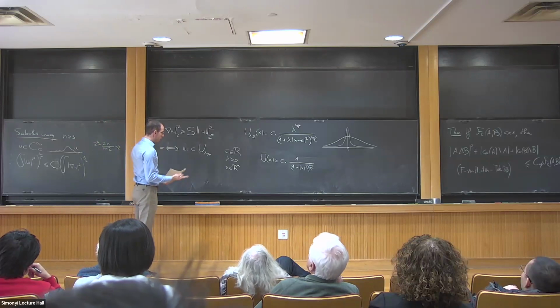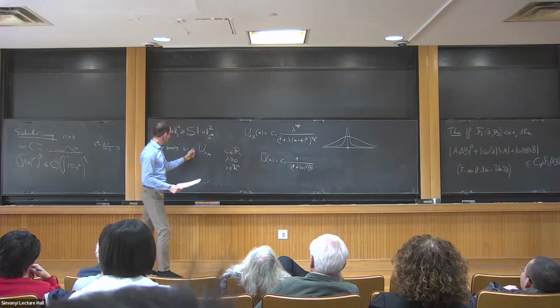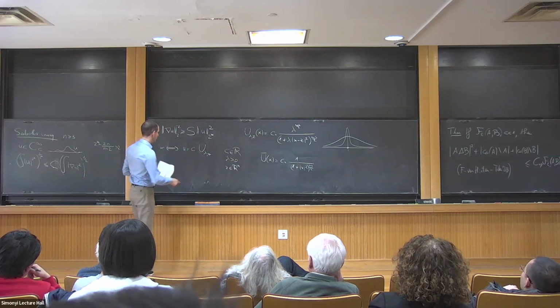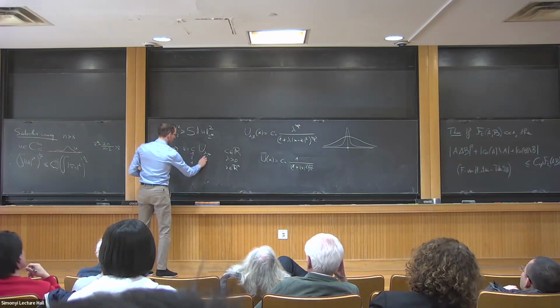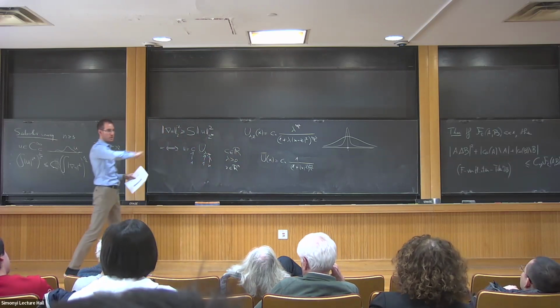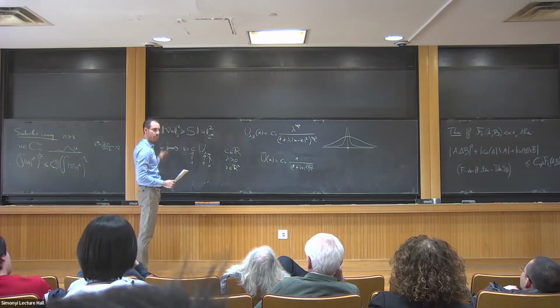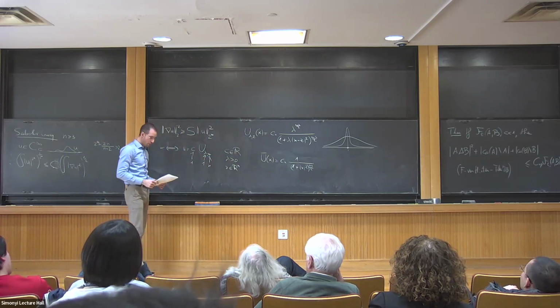So the family of all minimizers is obtained from one minimizer plus n plus 2 parameters: one here, one here, and n parameters for all translations. So this is an (n+2)-dimensional manifold.